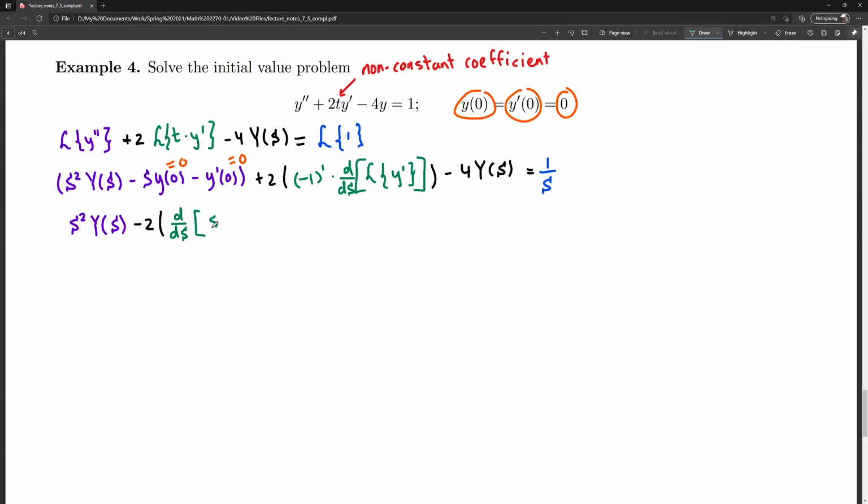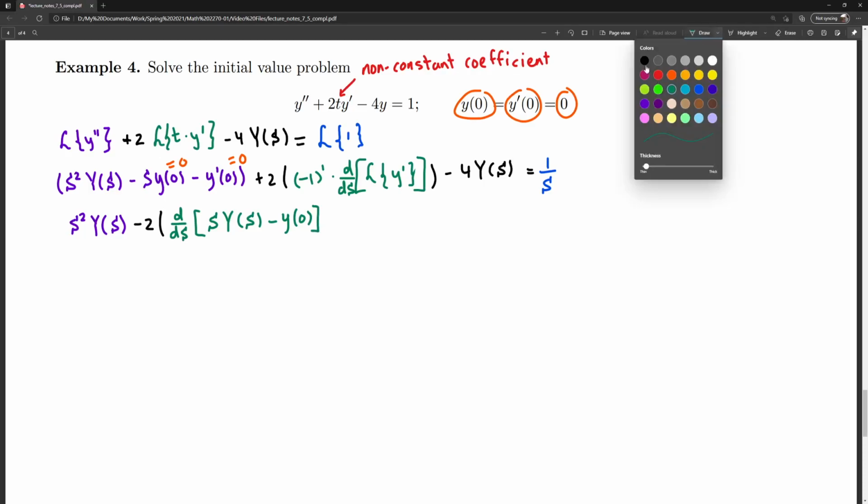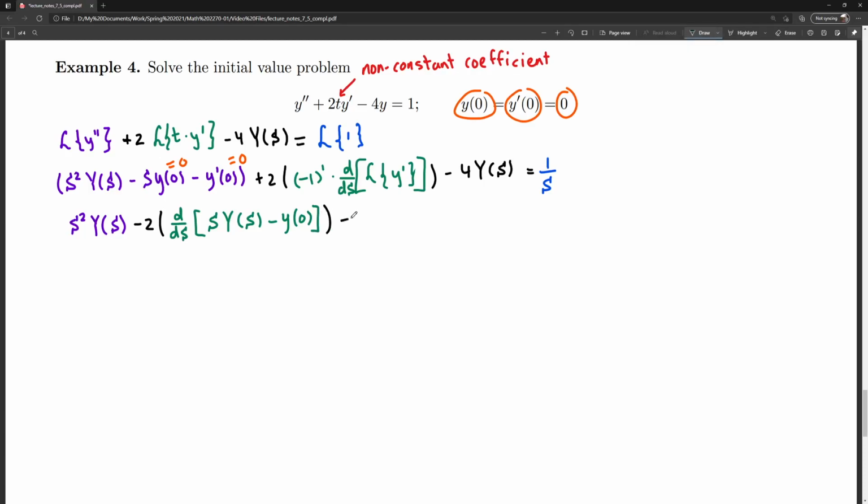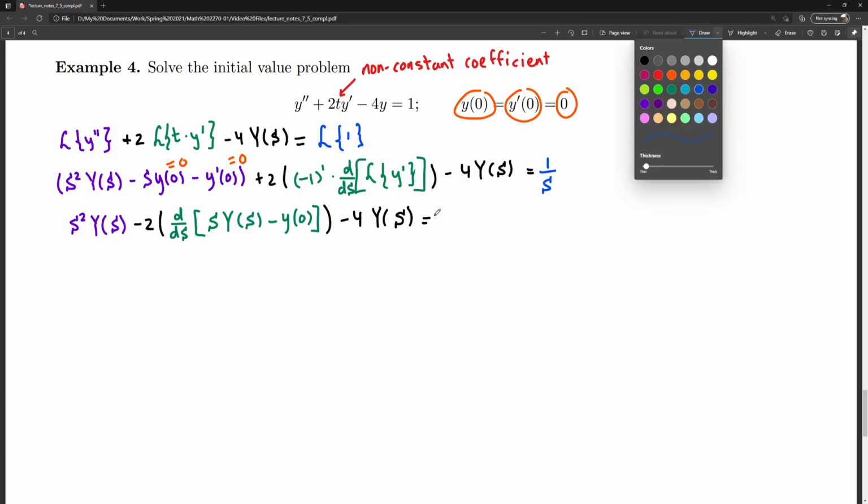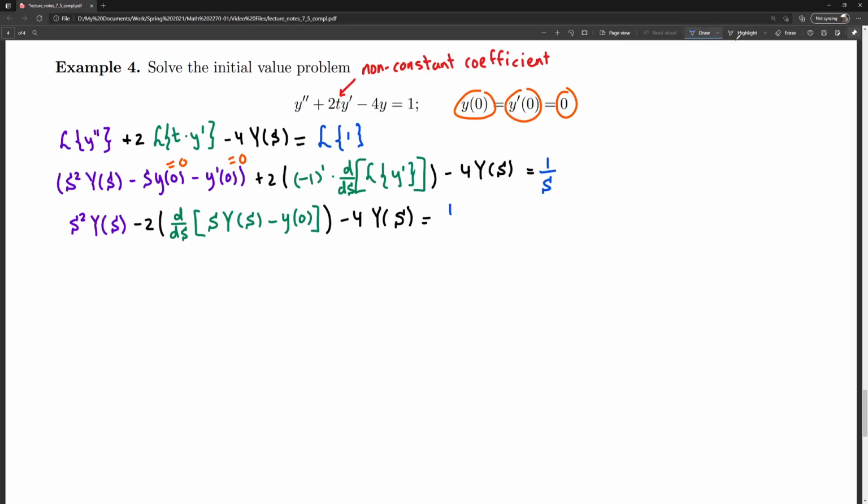And so that rule tells us that is s times Y of s minus y at 0. And then minus 4Y of s equals 1 over s.